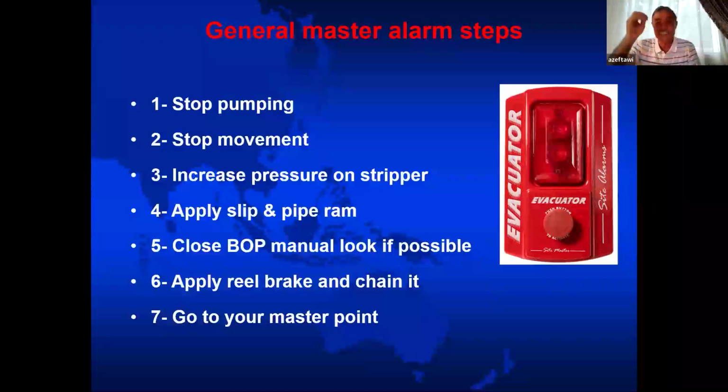The stripper is a standalone barrier. Christmas tree is a standalone barrier. But the check valve is not a standalone barrier. It is a barrier in conjunction with something else. So there is a big difference. You can stay 10 jobs in a row without touching your check valve.